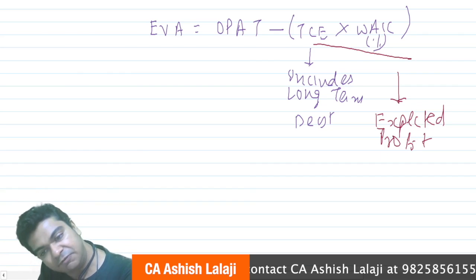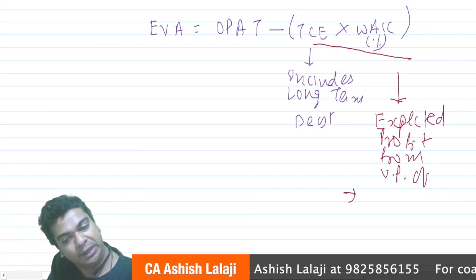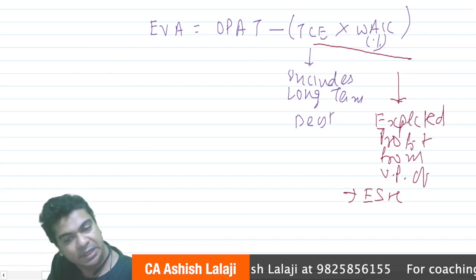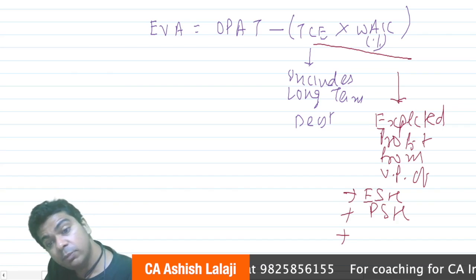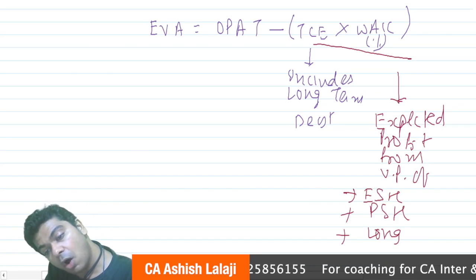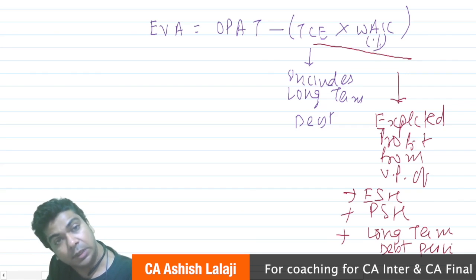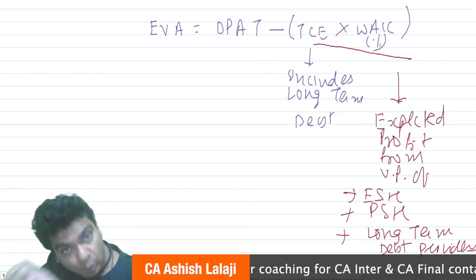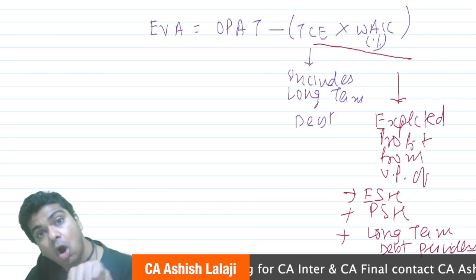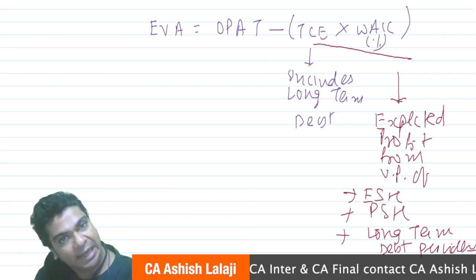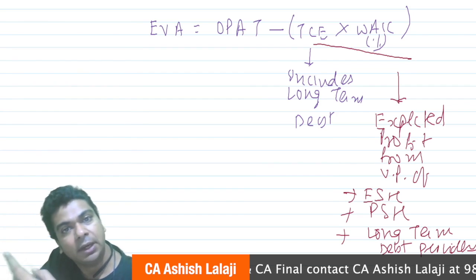It is from the viewpoint of equity shareholders, preference shareholders, and also the long-term debt providers. You get my point? Total capital employed includes long-term debt. So when total capital employed is multiplied by WACC, you get expected profit.